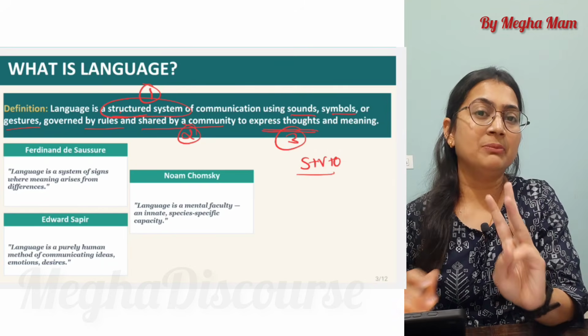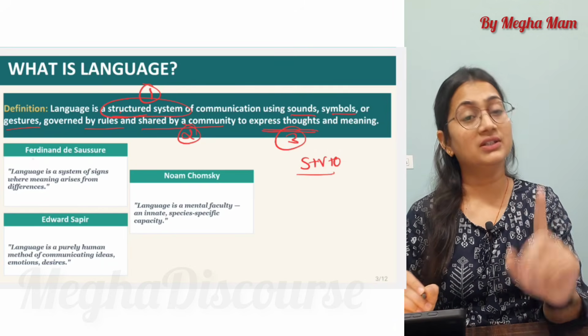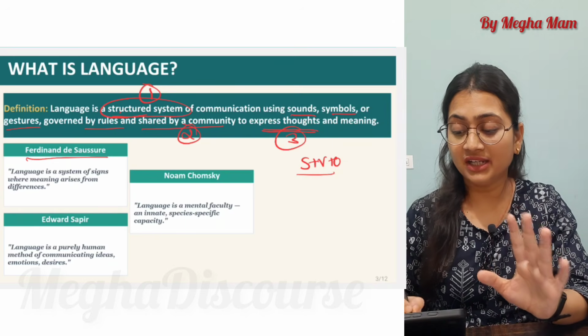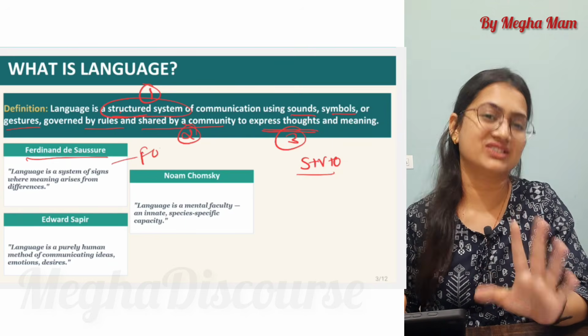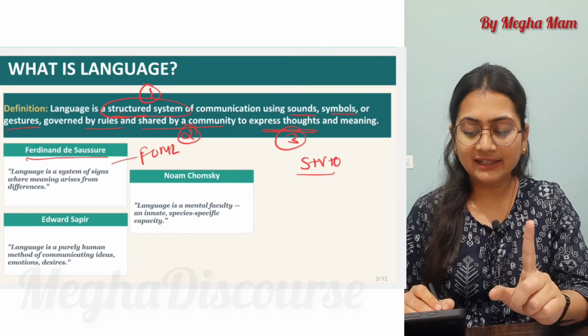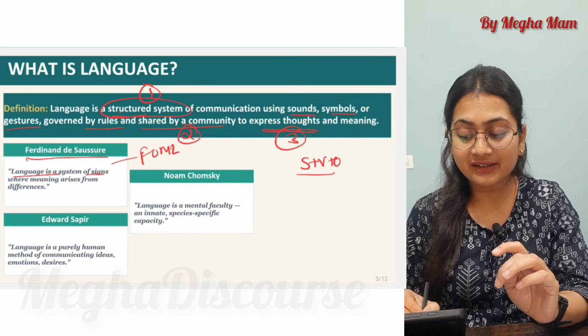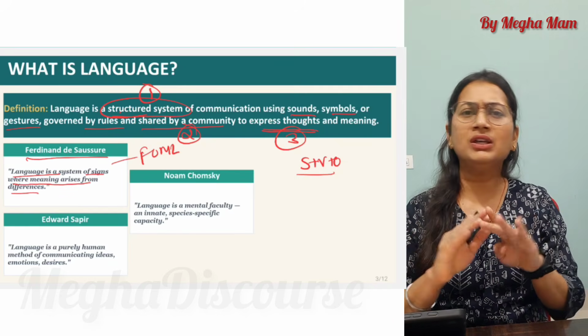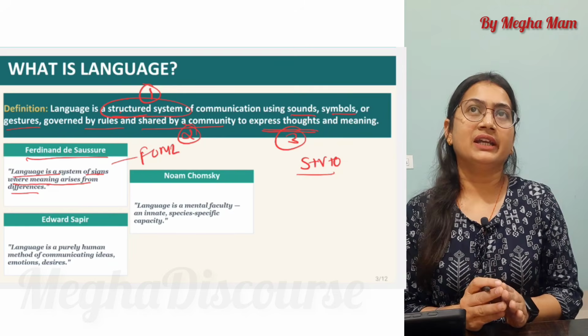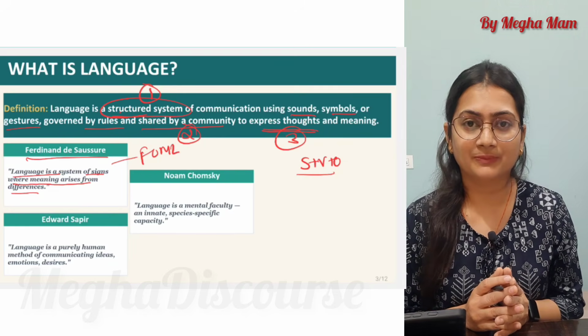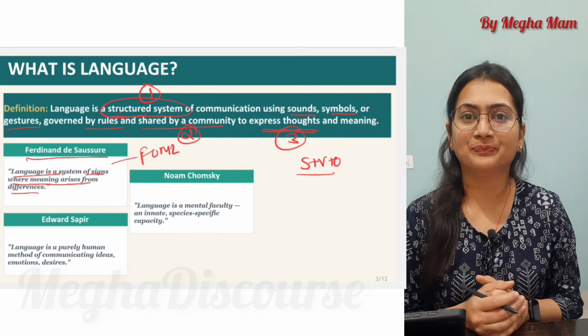Now, there are 3 major theorists. First, we have Ferdinand de Saussure. He is a linguist and he is called the father of modern linguistics. Okay, he said that language is a system of signs where meaning arises from differences. Now, what are differences? Like now the temperature is hot, it's summertime.